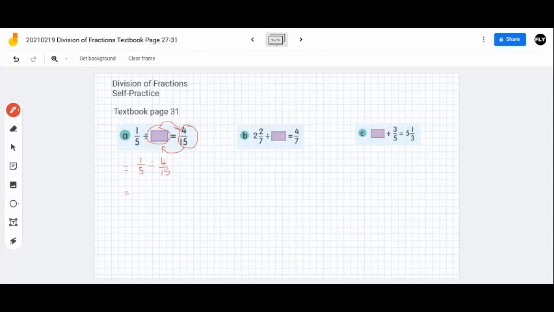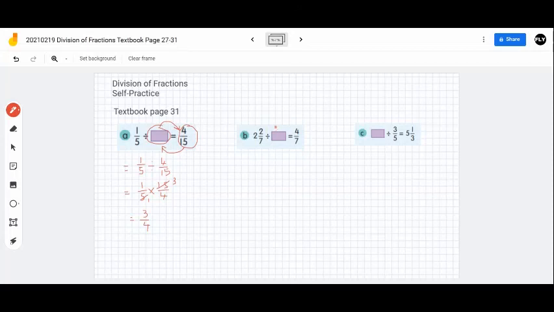So next step is 1 over 5 multiplied by the inverse, 15 over 4. 5 times 1 is 5, 5 times 3 is 15. Your final answer will be 1 times 3, 3, 1 times 4, 4. This is your final answer, 3 over 4.